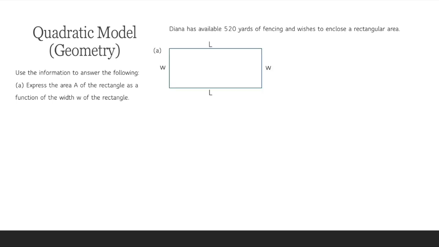We are talking about a rectangle, and the rectangle has two parallel sides, four sides with two parallel to each other with the same length.